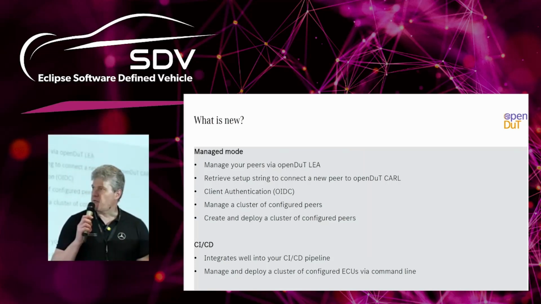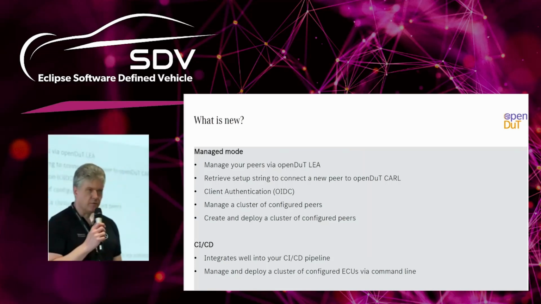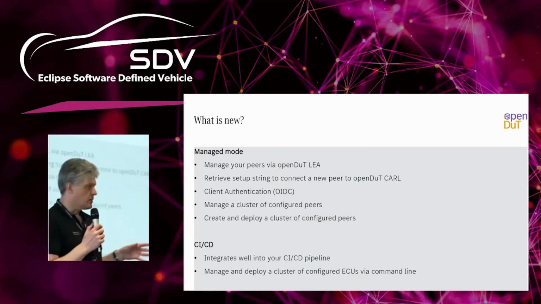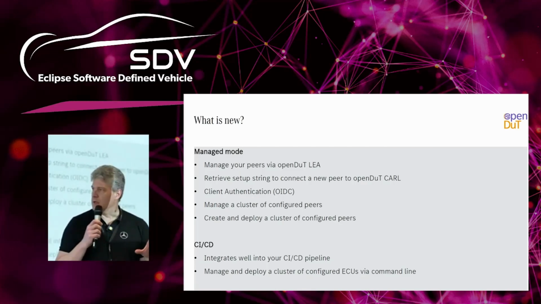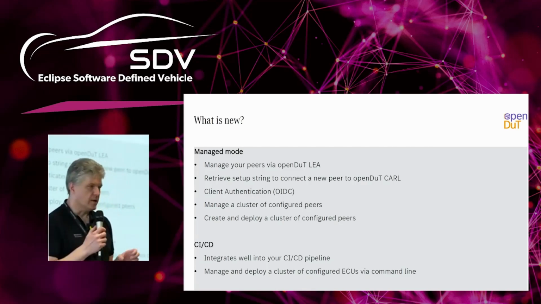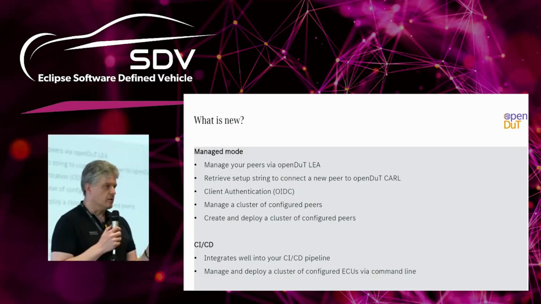Then we have managed mode now live with openDuT. That means every configuration that we do via the management service can be deployed to all of the EDGAR devices. We can do this easily by providing a setup string. When you go to the front end of CAR, you can retrieve a setup string containing client credentials, client IDs, information where to connect to the server.